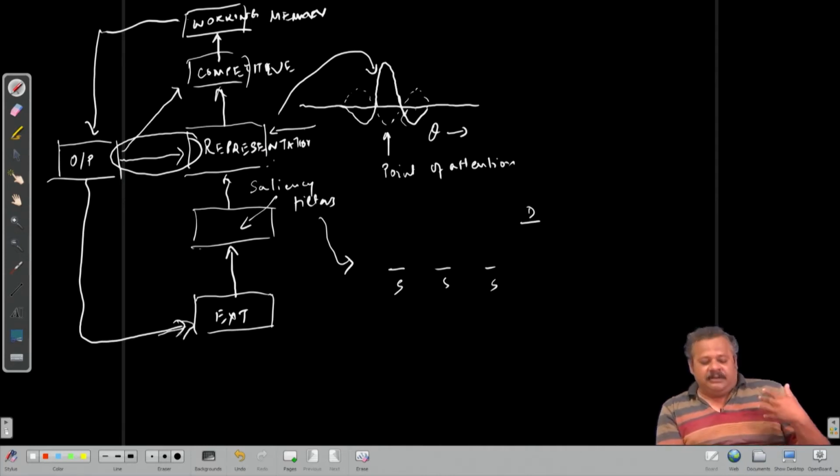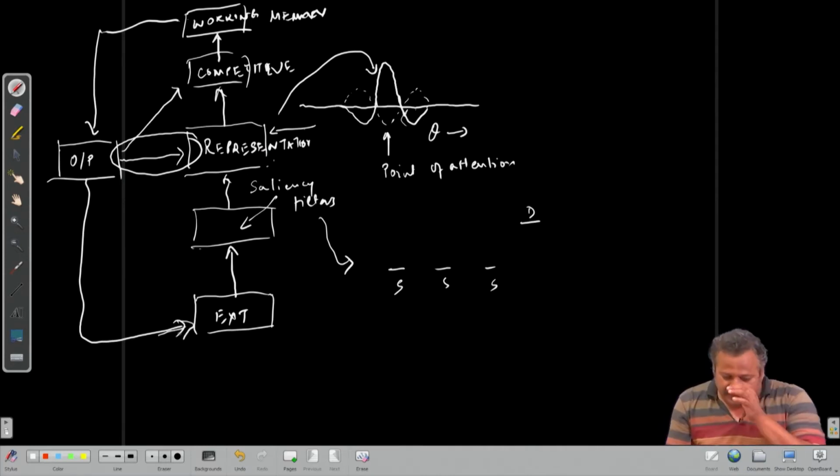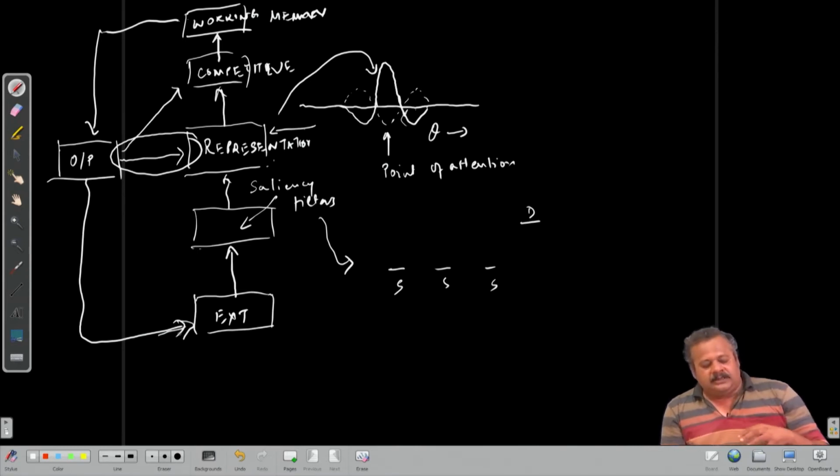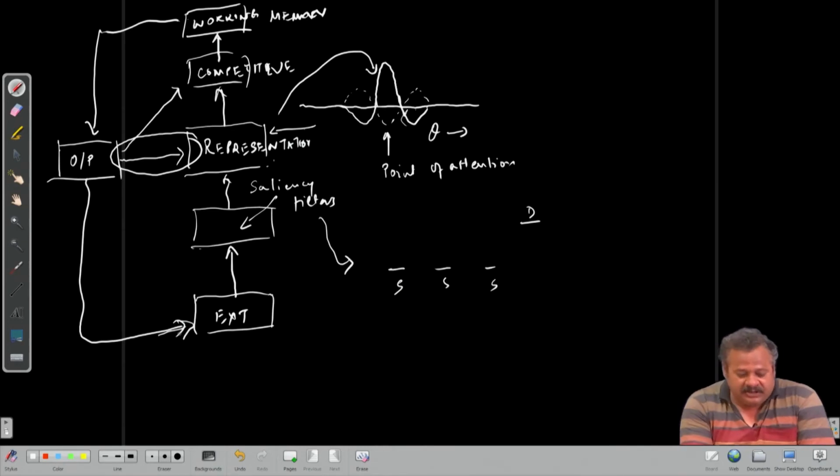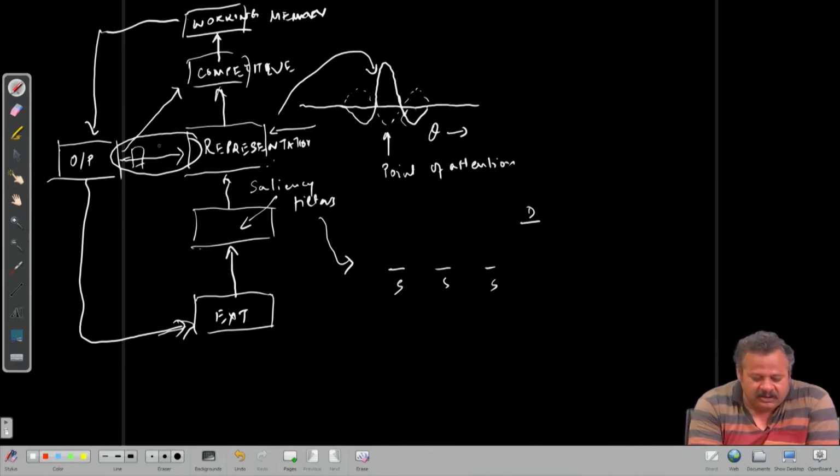But similarly, on the same lines, you also have some sensitivity control of the stimulus itself or the representation itself. So, that is essentially the sensitivity control, that is the representation control.